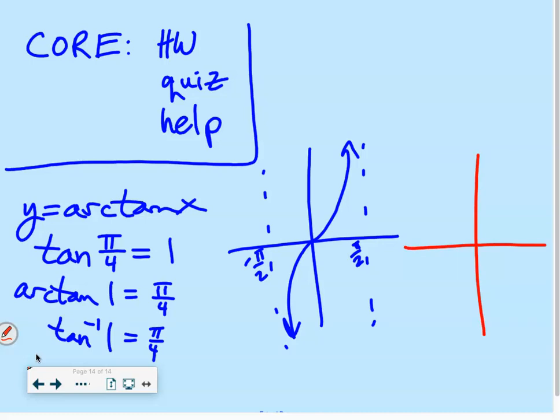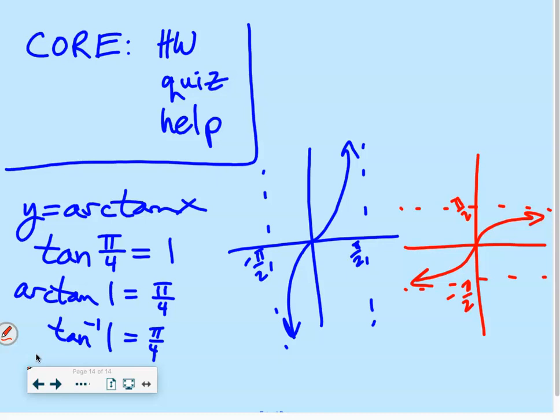Well, when you do an inverse, this is arctan, and it looks like this. So this is now negative pi halves, and this is now pi halves. So arctangent has 2 horizontal asymptotes, one at negative infinity and one at positive infinity. So that comes up one time in your homework.